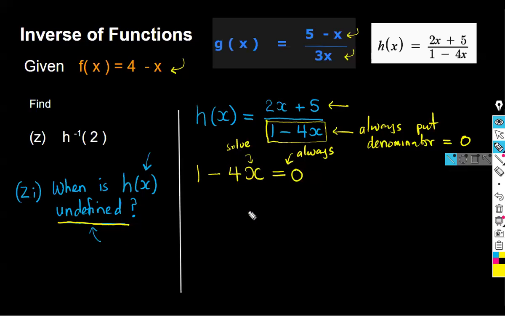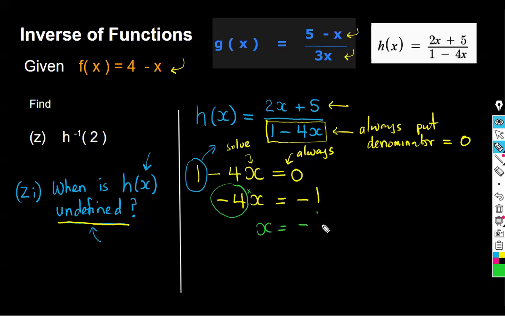The only problem people are having from this point is solving for x. You're trying to get x on one side and everyone else on the other side. The first person you're going to throw across is positive 1. When you throw across positive 1, you're going to get minus 1. The next person to throw across is the minus 4. But remember, this minus 4 is touching the x. He's a secret multiply.